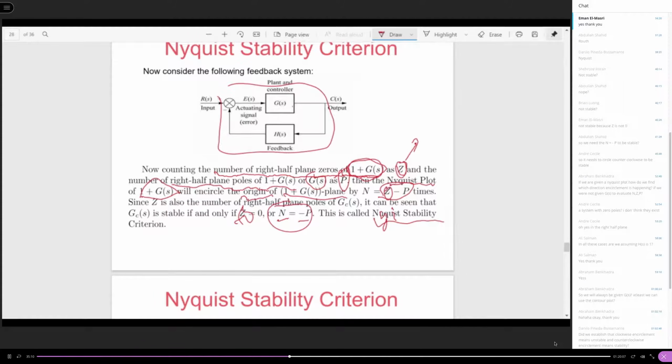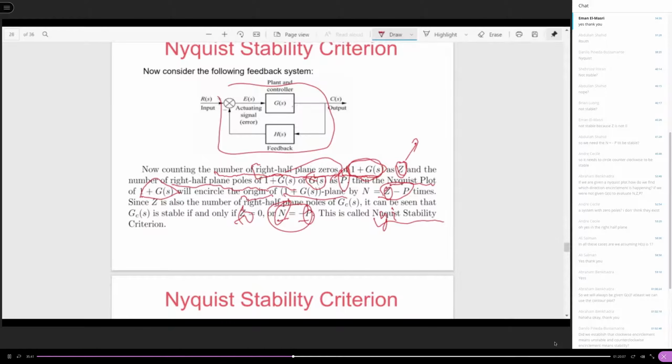But how am I going to check this condition? I just need to find N. How am I going to find N? I just need to find out how many right-half plane zeros 1 plus G(s) has. This information is available if you know the transfer function model of the open loop system G(s). You can get it right away once you have G(s). So how am I going to check the value of P?